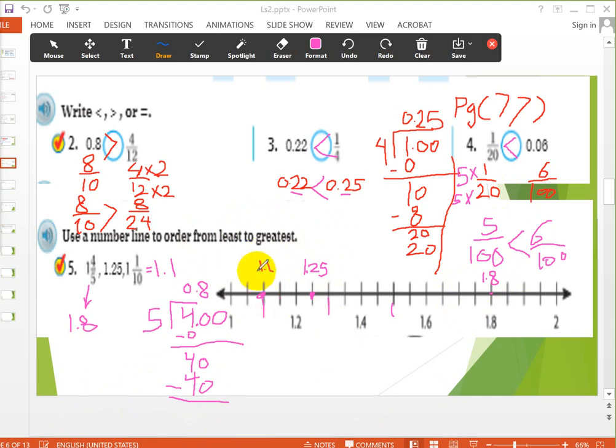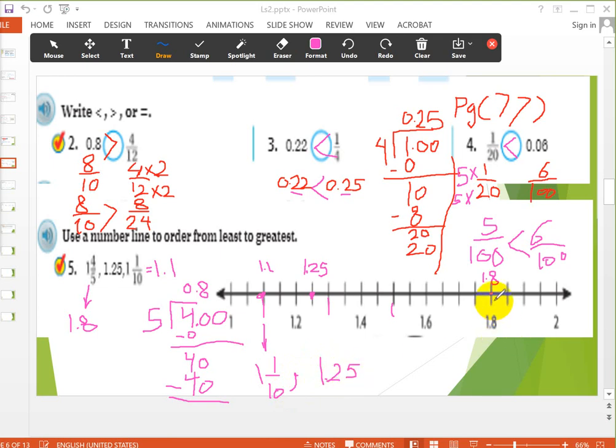So the first one is 1.1, but I can't write it as 1.1. I have to write it as what? As a mixed number, as written here. 1.1 is 1 and 1 over 10. Okay, this is the first one. The second number is 1.25, hundredths.